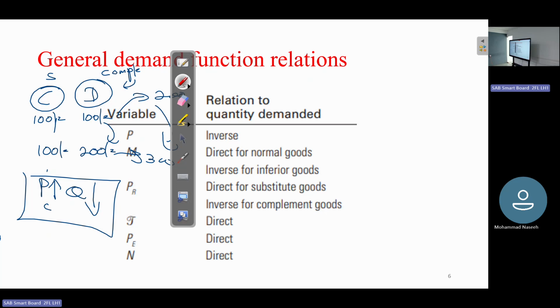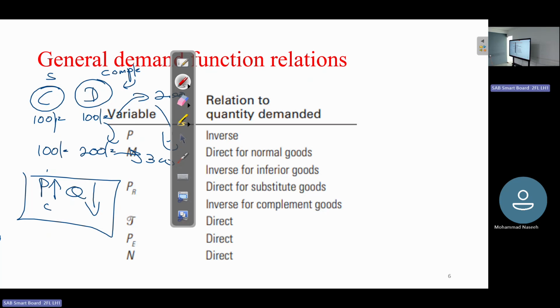To understand this, you need to know what quantity demanded represents. Quantity demanded represents one point located on a demand line.